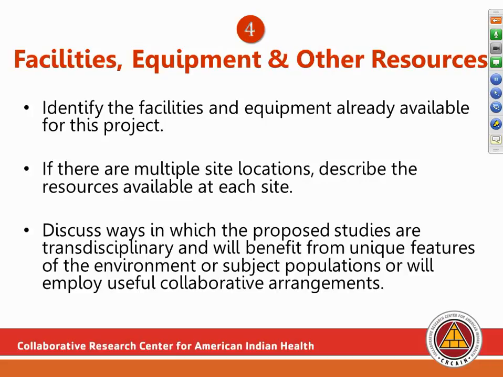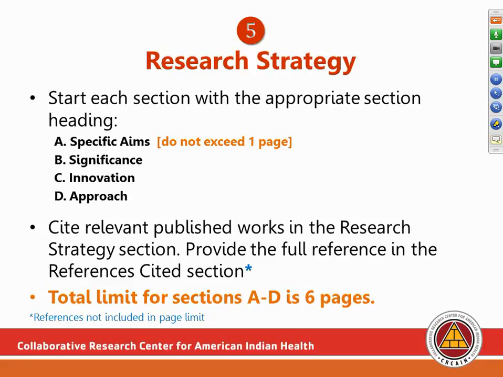Research strategy. It's made up of 4 different sections. Be sure to use the appropriate section headings: specific aims, significance, innovation, and approach. The sections A through D are limited to a total of 6 pages. And the specific aims page is not to exceed 1 page.